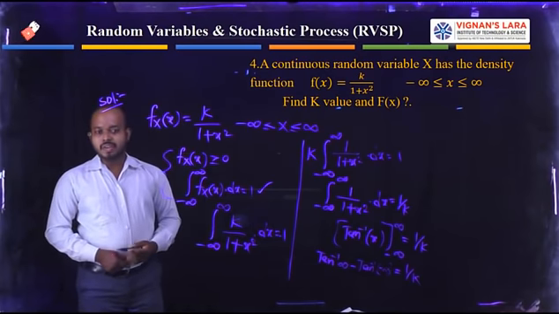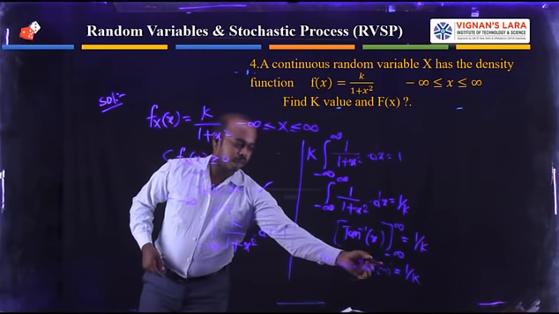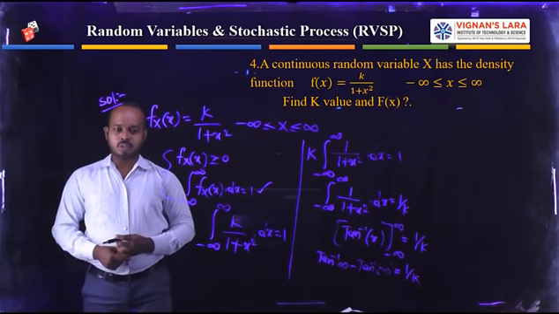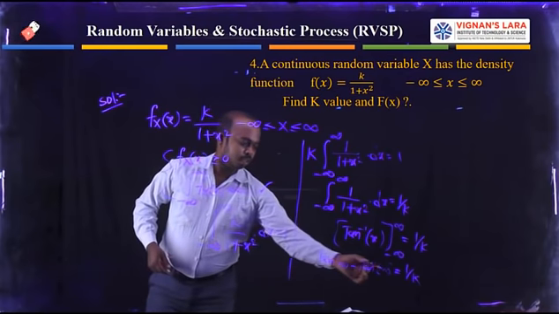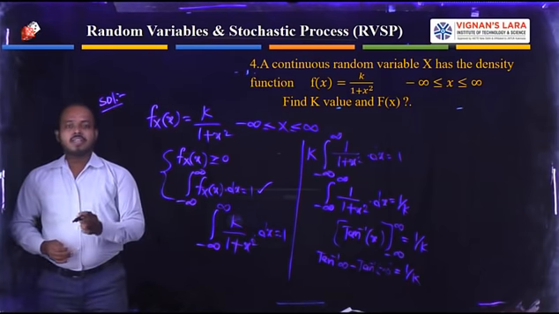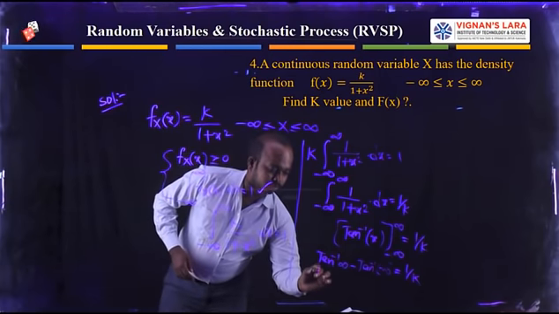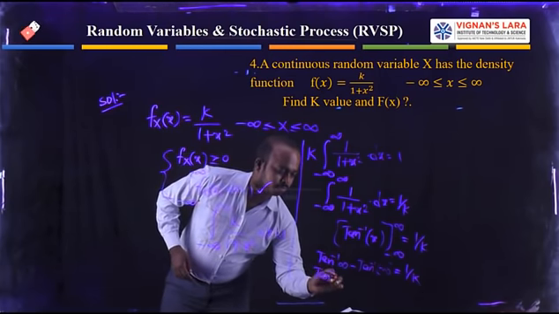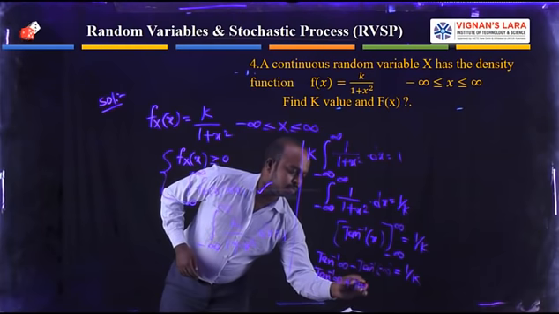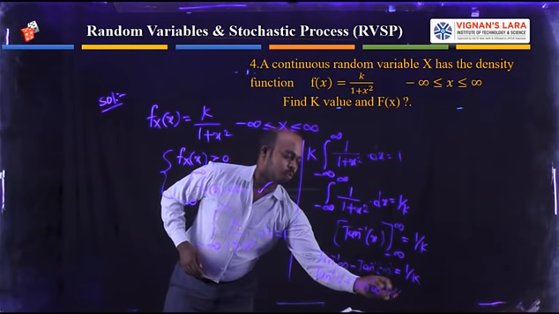According to this given data, we can easily find the tan inverse of plus infinity and the tan inverse of minus infinity. For tan of minus x, we write it as minus tan x. That's why here also we simplify: tan inverse infinity, minus into minus gives plus, plus tan inverse infinity, is equal to 1 by k.